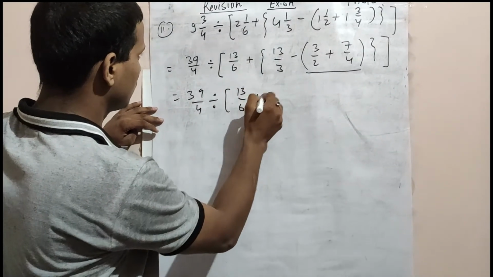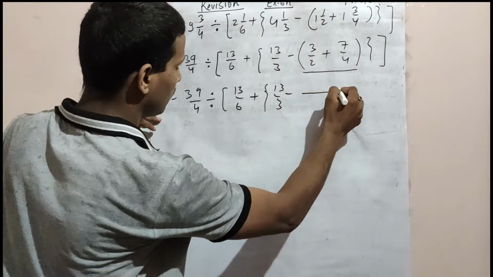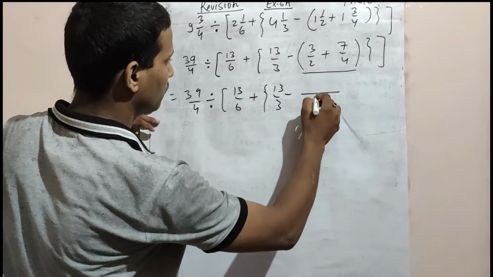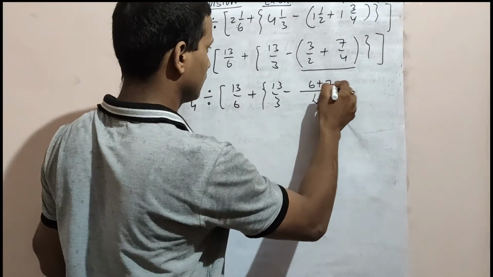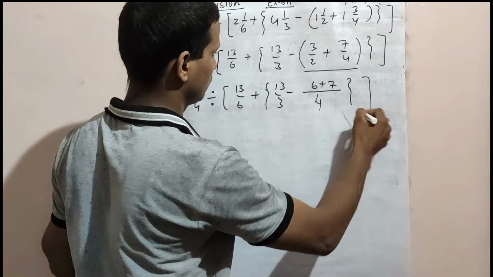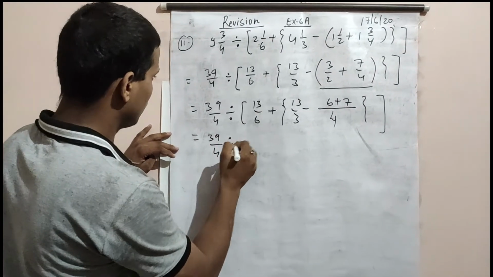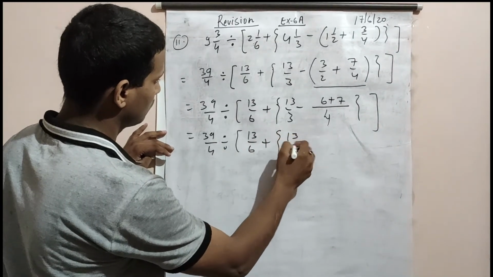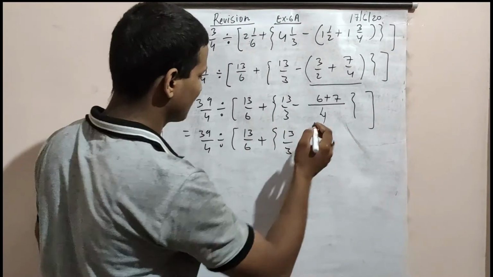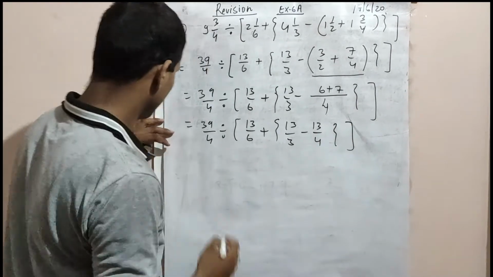13 by 6 plus 13 by 3 minus, now it becomes 2 and 4. LCM of 2 and 4 is 4. 3 2s are 6 plus 7, 13 by 4. Now next step, 39 by 4 divided by 13 by 6 plus 13 by 3 minus 13 by 4.